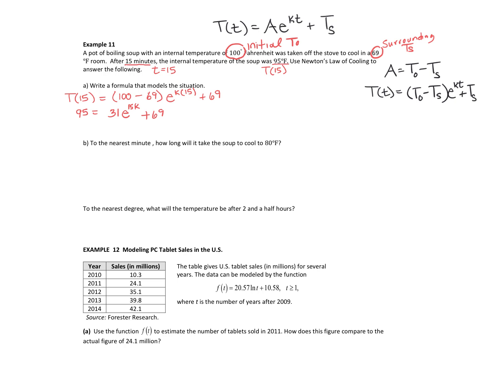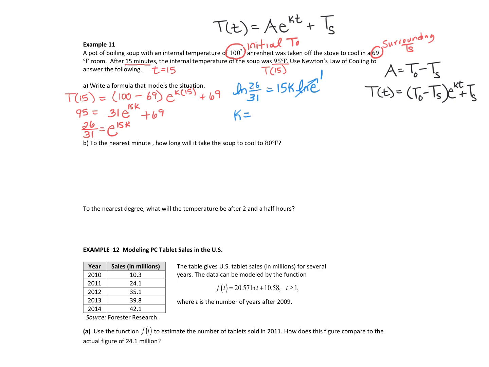Subtracting 69 gives us 26, and we'll divide by 31 is e to the 15k. And then we'll take the natural log of each side. So we'll take the natural log of 26 over 31 equals 15k times the natural log of e, which we know to be 1.